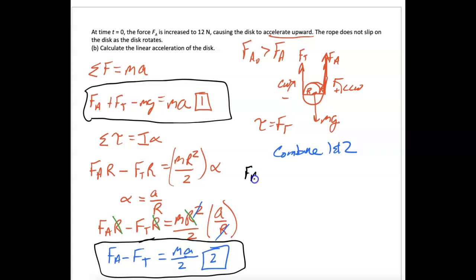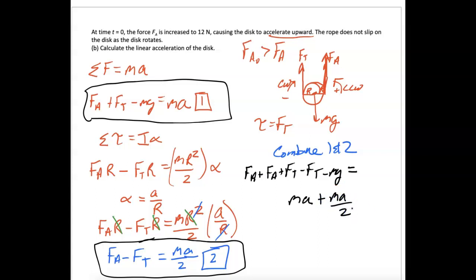We're going to have FA plus FA, plus FT minus FT, because I have plus FT and minus FT. And then I have still left on this side minus MG, and that is equal to MA, and we're going to add that to plus MA over 2.